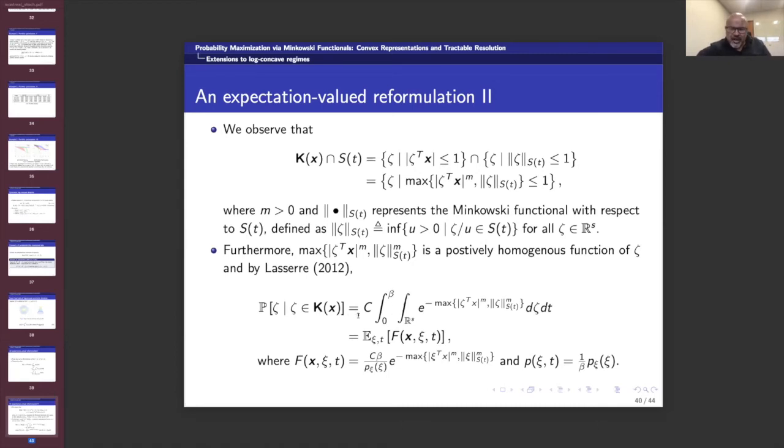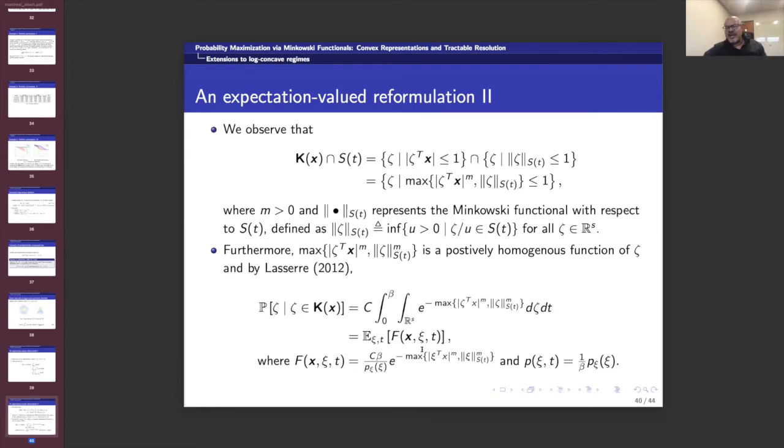And so what you find is, instead of the single integral that we had before, now we have a double integral. That's the big difference. And now what you can see is that by suitably choosing p of psi, t, you can write this as the expectation of f of x, psi comma t. Previously it was f of x, psi.